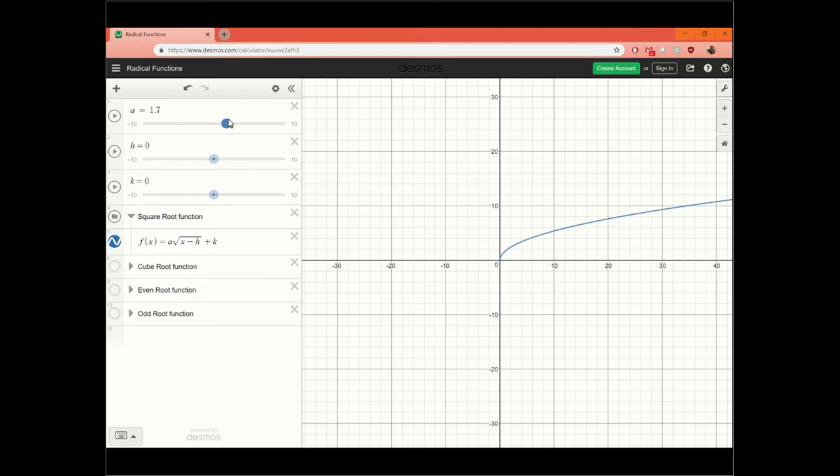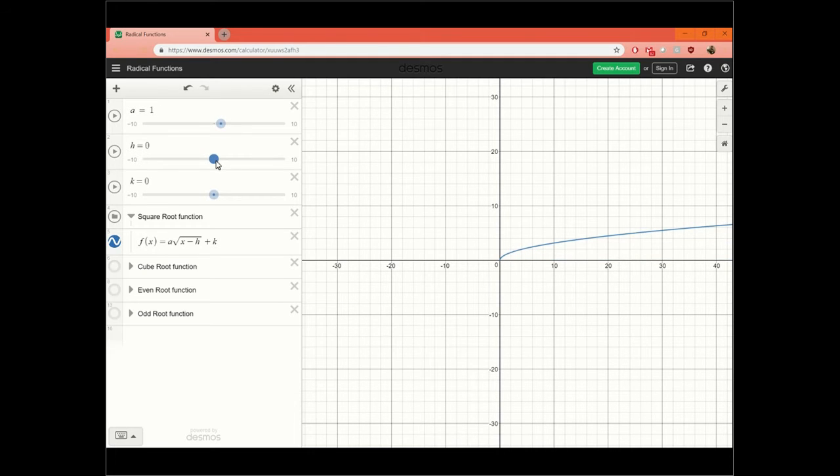As A goes below 1, or even just as A is decreasing, we can see it flattens out. If it goes negative, it flips onto the other side of the axis. And if A is 0, that makes sense. It's zeroing out this entire piece, and we just have a line at K. Let's move this back to 1.